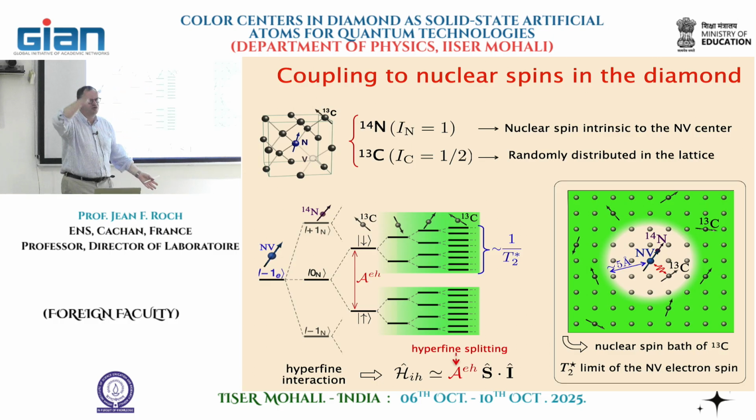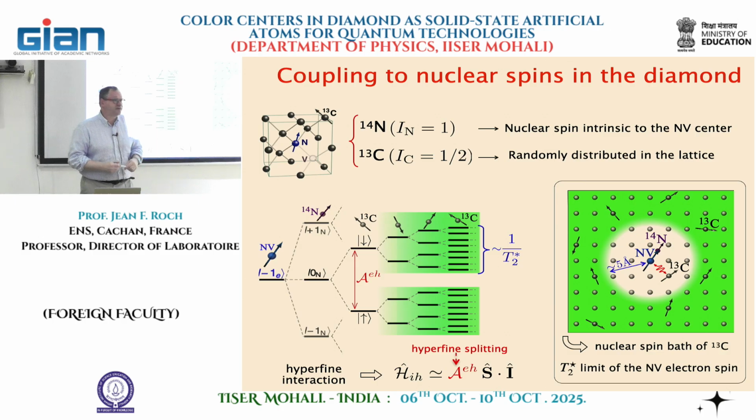And at the end, you can have a huge amount of those spins. And up to now, the record of identification of all these couplings to nuclear spins was, I think, done in Delft in the team of Tim Taminiau. They are able to label something like 20 to 30 nuclear spins, and to address them independently.